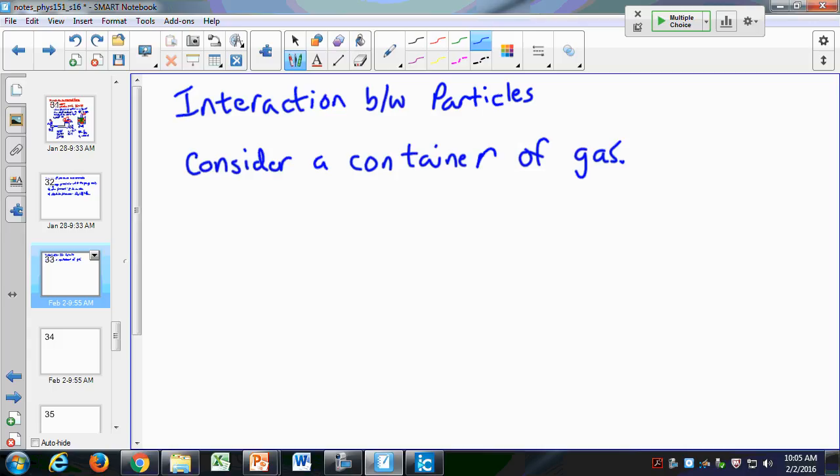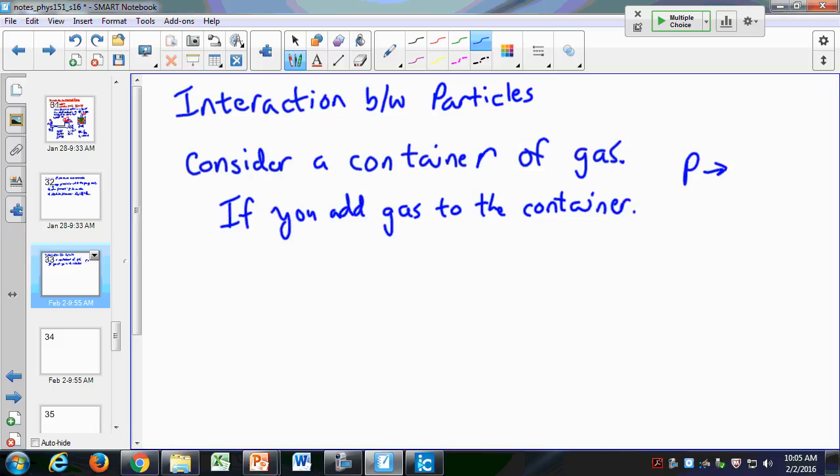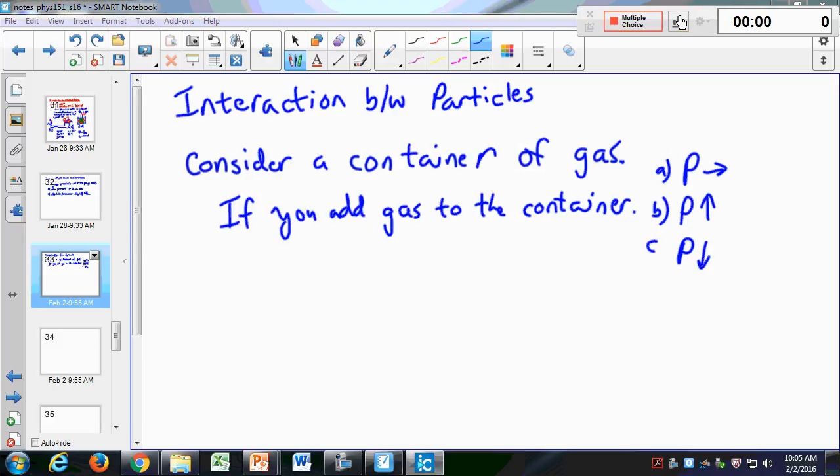If you add gas to the container, what will happen to the pressure? Will the pressure remain constant, go up, or go down?